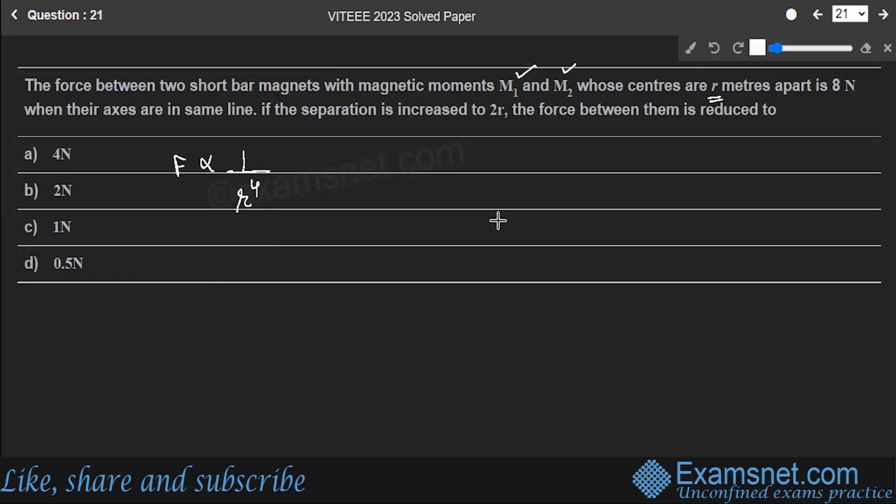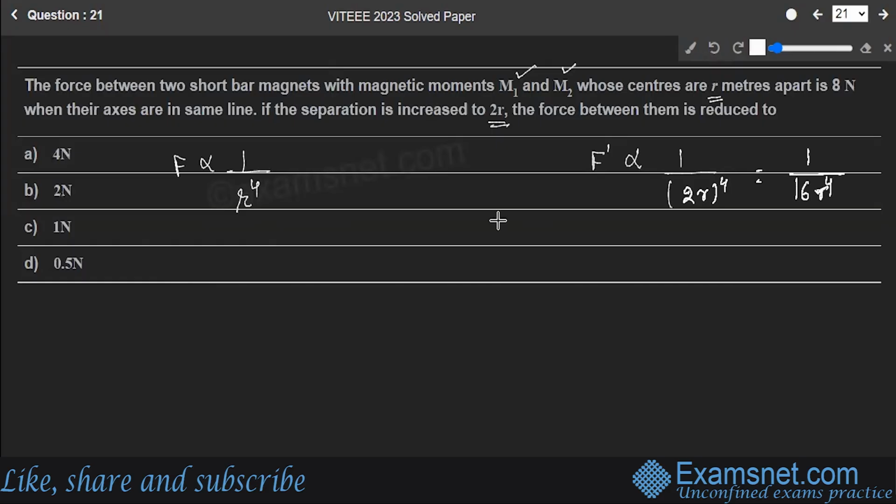And now you are given that if this distance is increased to 2R, so that means it will be now F dash, this is inversely proportional to 2R power 4, or this is equal to 1 upon 16 R4.